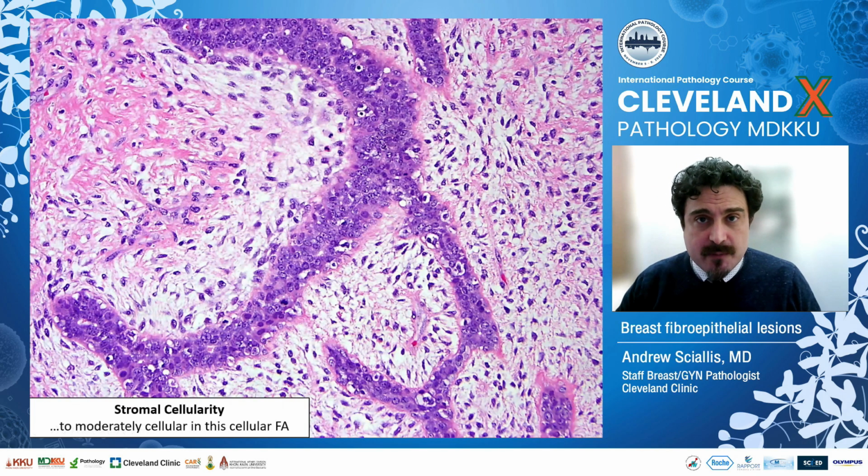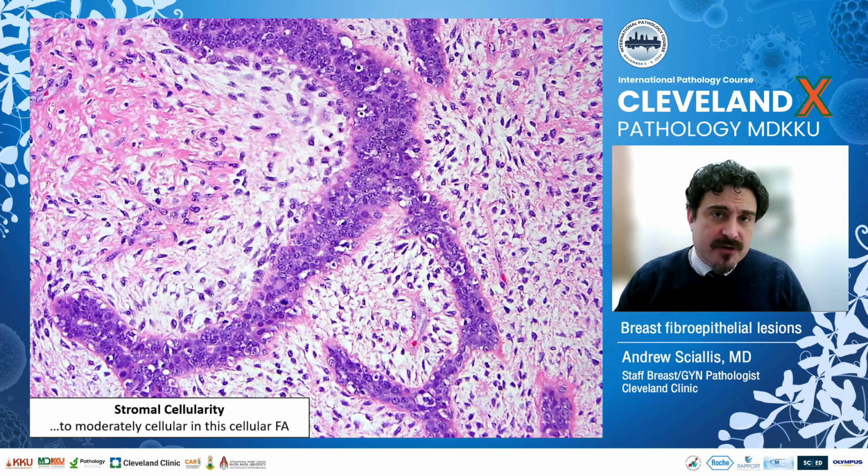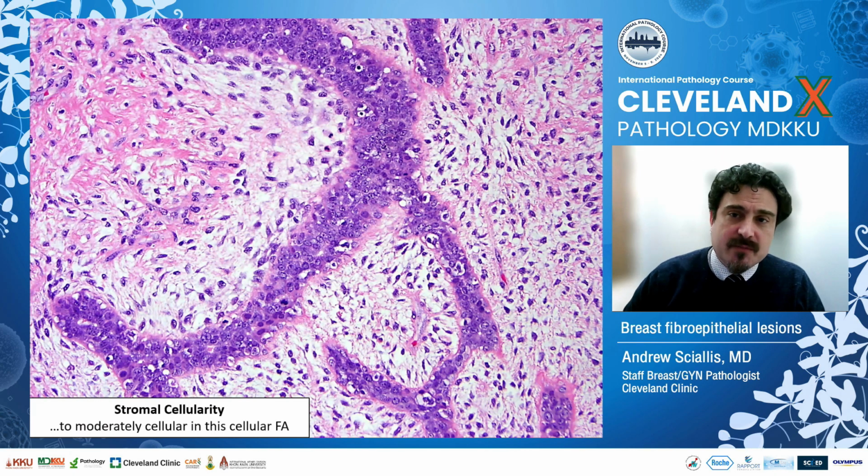In younger patients, particularly with cellular fibroadenomas, we can see an increase in stromal cellularity, but this picture right here should be the limits of what you should expect in a cellular fibroadenoma.